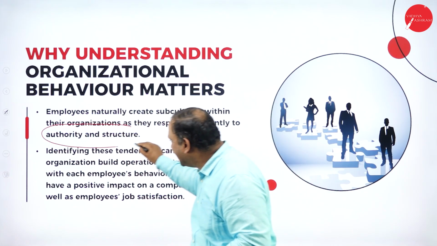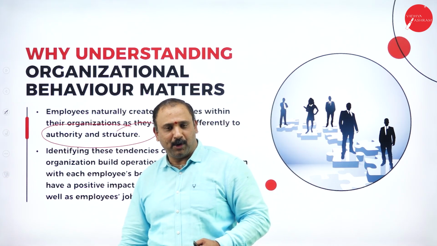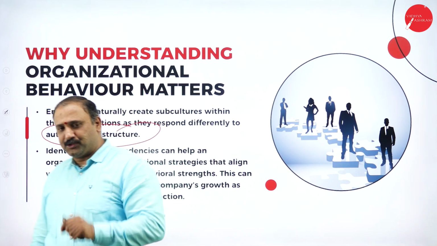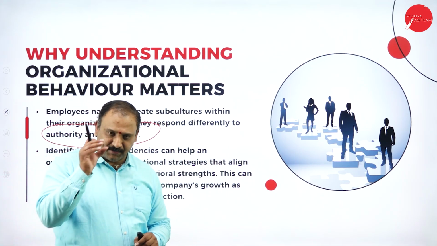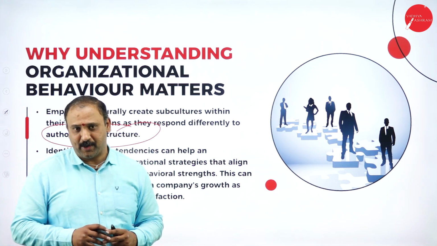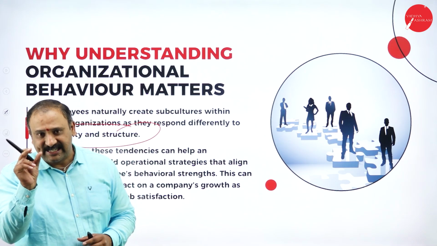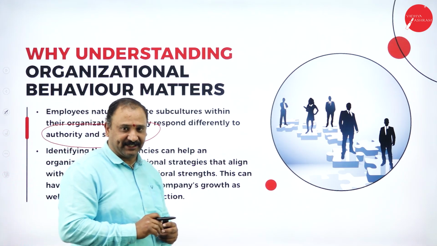Now, the other thing is why this understanding matters, because I'm going to use these two words here called authority and structure, which is very important today. Whenever you join an organization, the most important thing you look at in your appointment letter is the designation in which you have been selected.